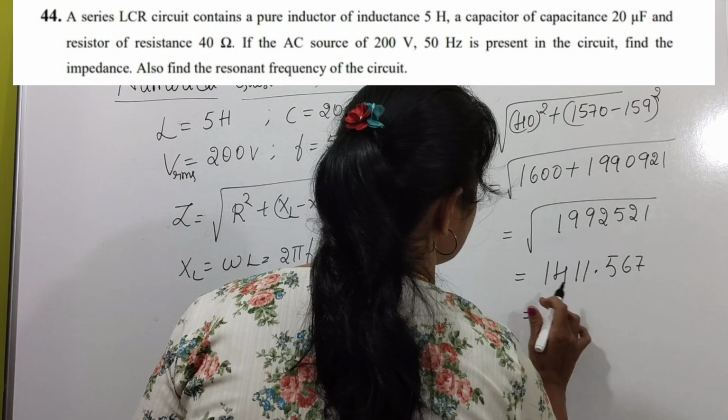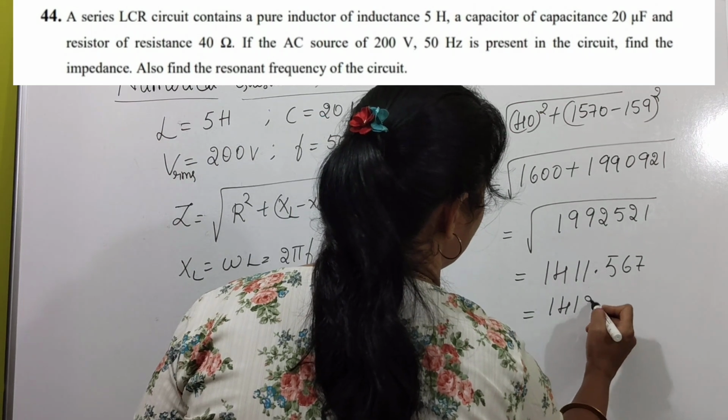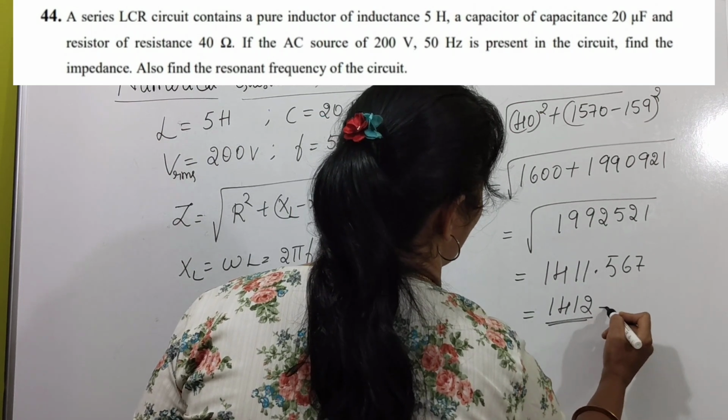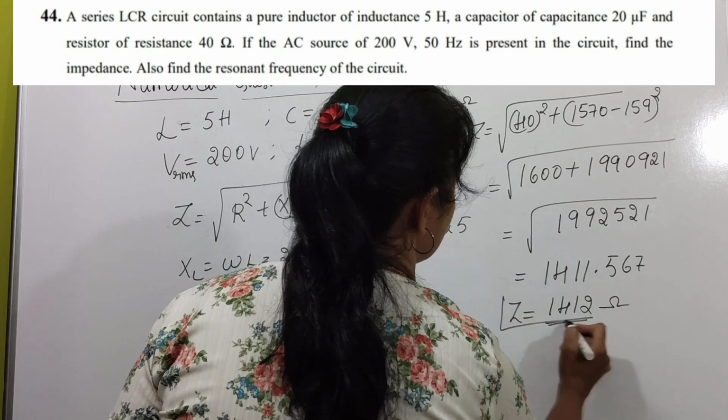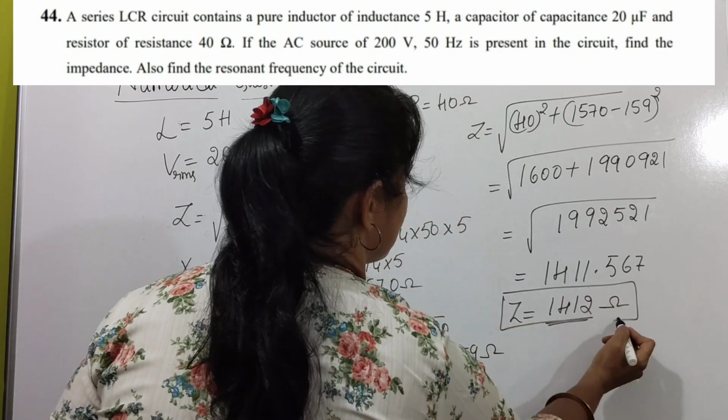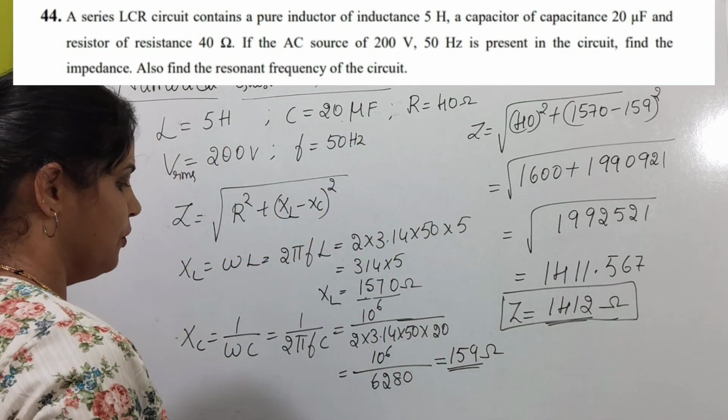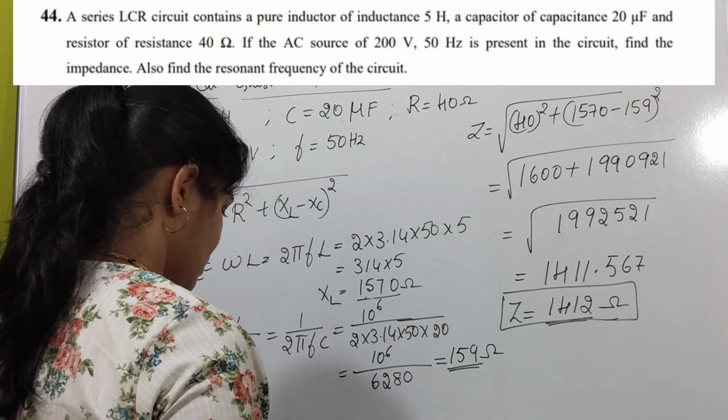You can write it as 1412 ohm. So Z is this much, 1412.